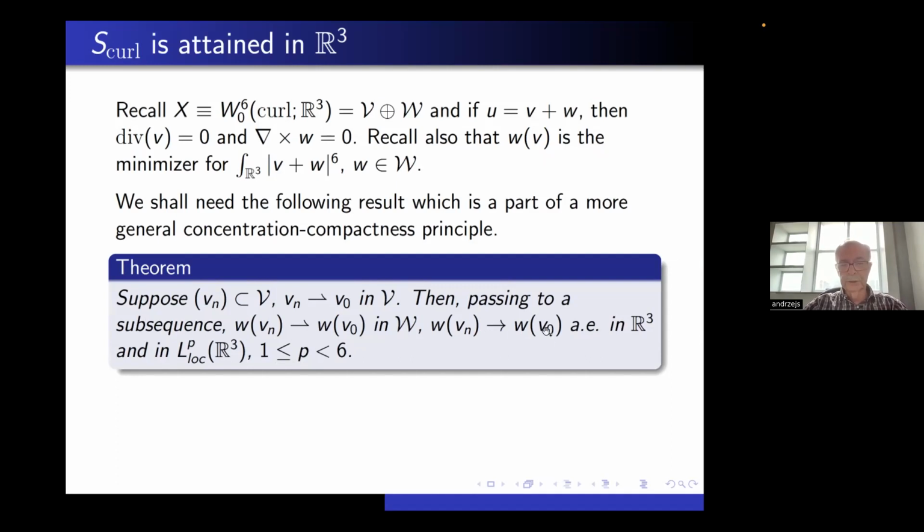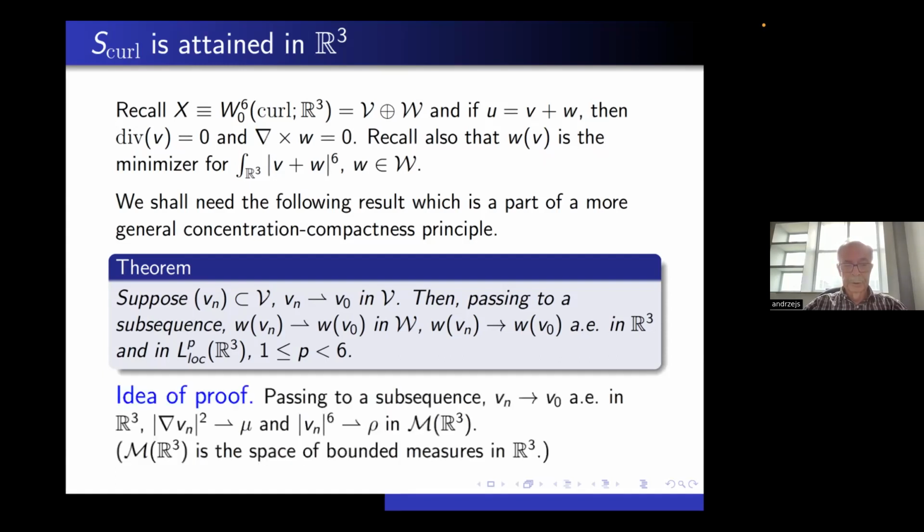This last thing is not at all obvious because we are working, for W, in L6. So weak convergence in L6 does not imply almost everywhere convergence.